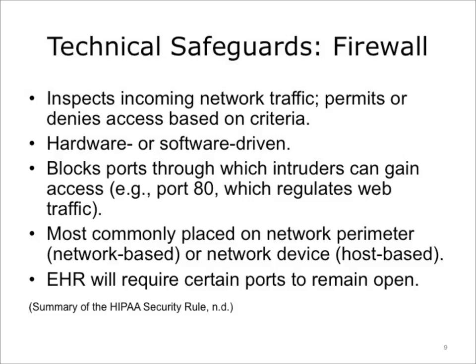Some ports are pretty common, such as port 80, which regulates web traffic. Firewalls represent an important frontline element to thwart unwanted access and help ensure HIPAA compliance. It is normally placed between the protected network, where ePHI is housed, and the unprotected network, and it acts like a gate to protect assets.